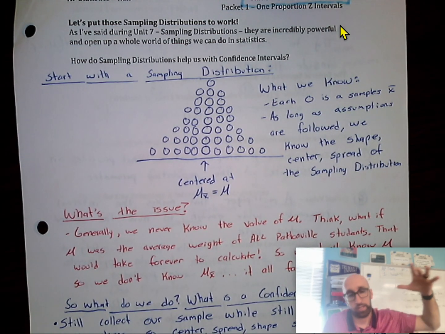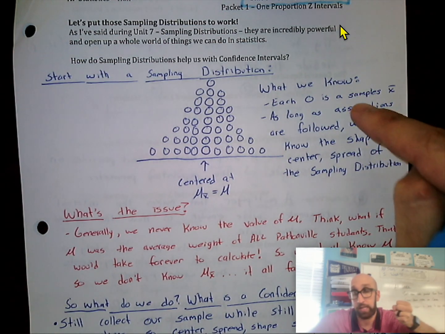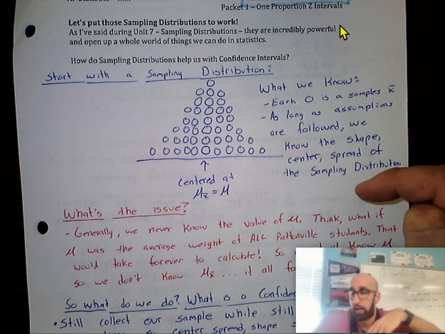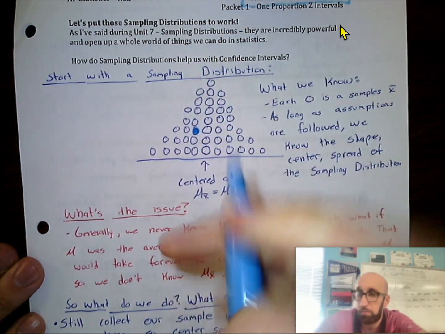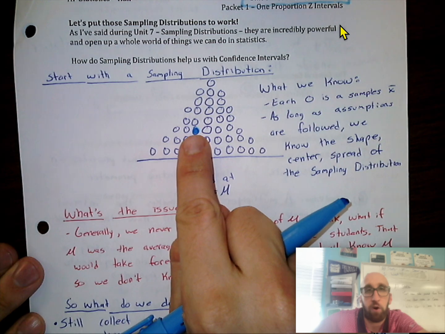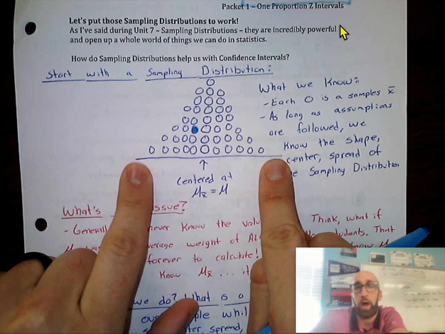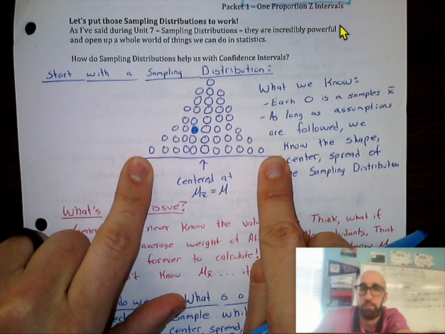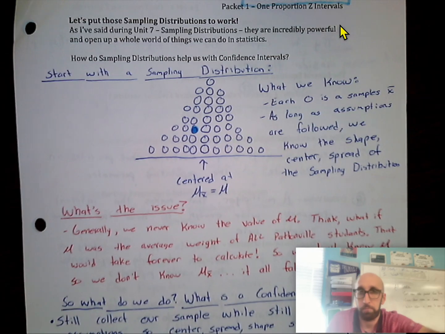So if I reached into that box of poker chips and pulled a sample, there's a pretty strong likelihood, as long as I'm following my assumptions, randomization, 10%, large counts, that my sample, highlighted in blue, falls pretty darn close to the center. These stickers way on the edge were super rare. They did not happen very often. More often than not, we had a sticker towards the middle, okay?